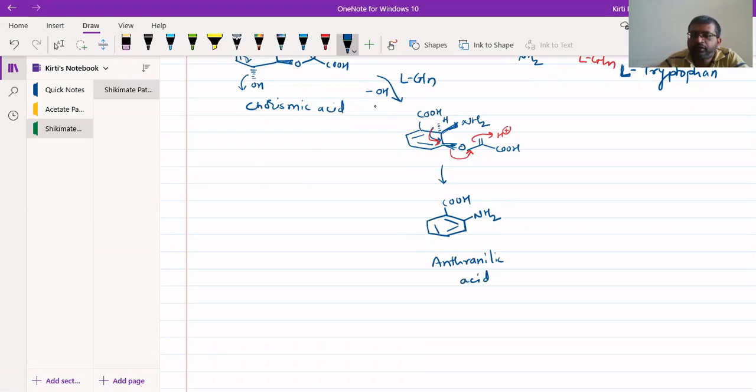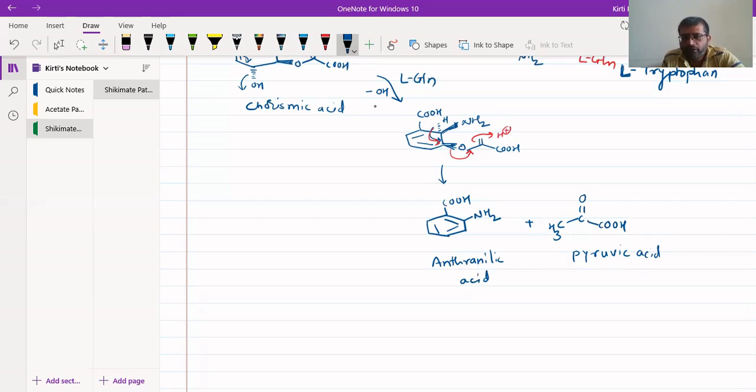and pyruvic acid is released. So pyruvic acid is released, and anthranilic acid we get over here. So this anthranilic acid will be our starting point for the biosynthesis of tryptophan.